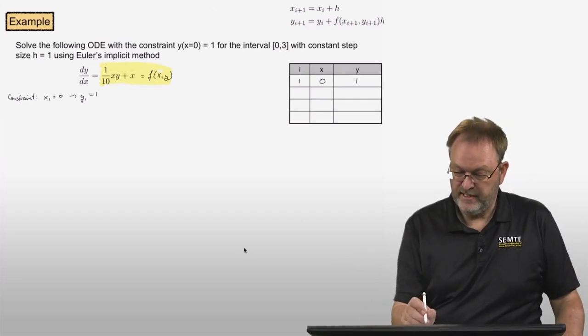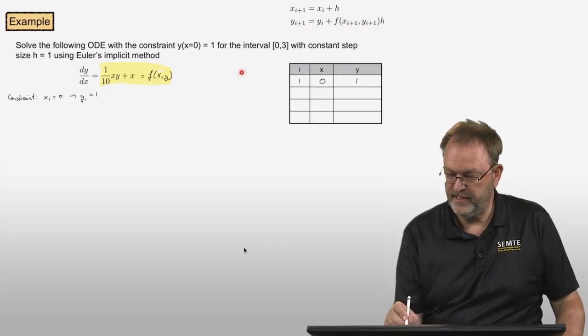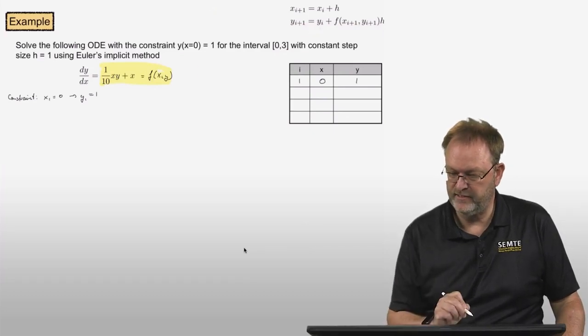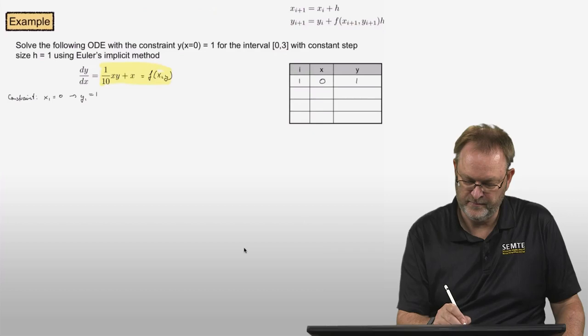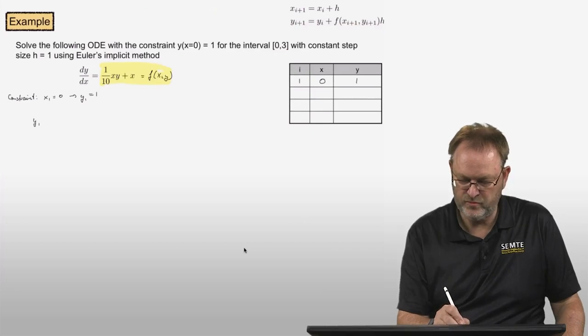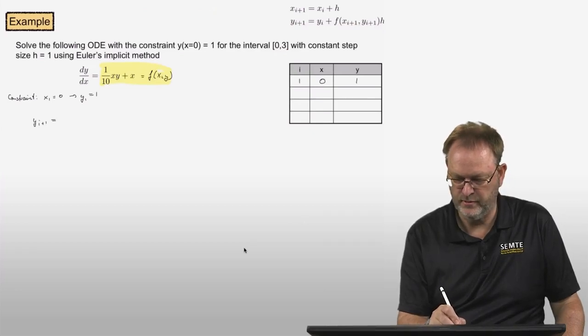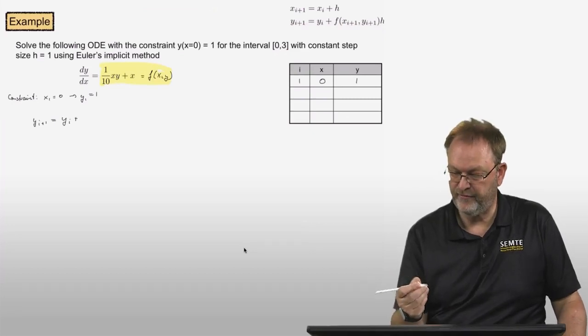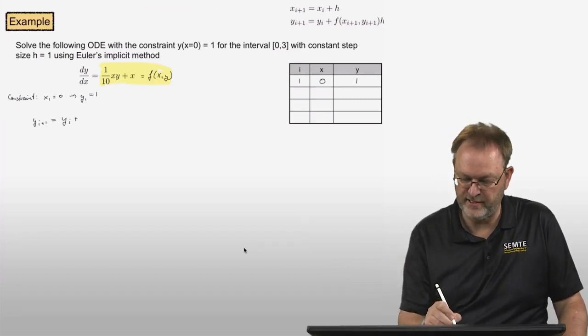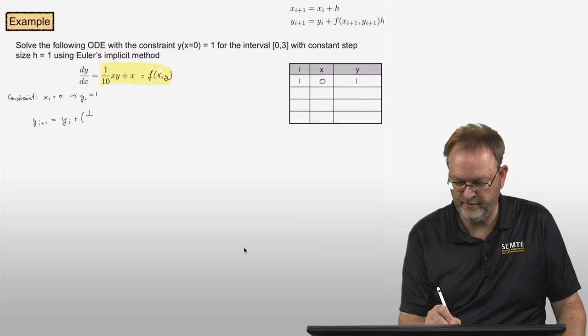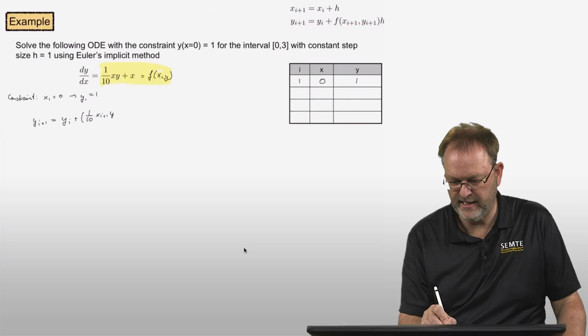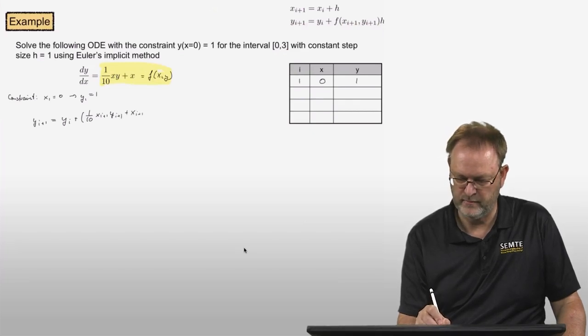Okay, so let's use this and let's plug this into this formula over here and see what happens. So I have y i plus 1 is equal to y sub i plus f of x i plus 1, y i plus 1, so 1/10 x i plus 1 times y i plus 1 plus x i plus 1.